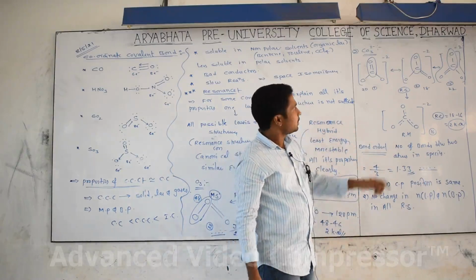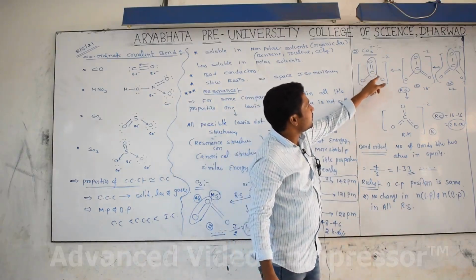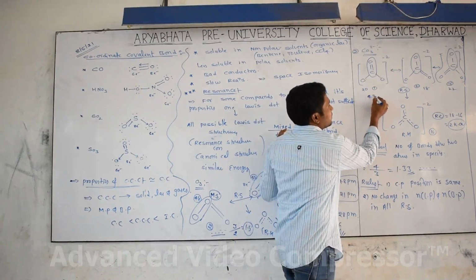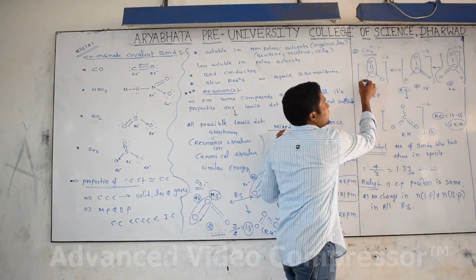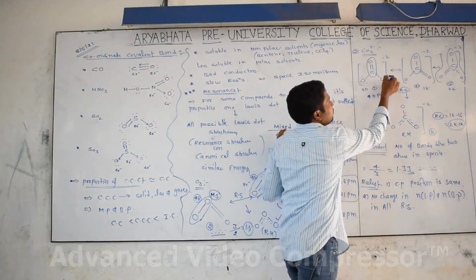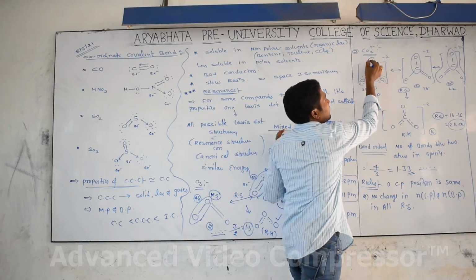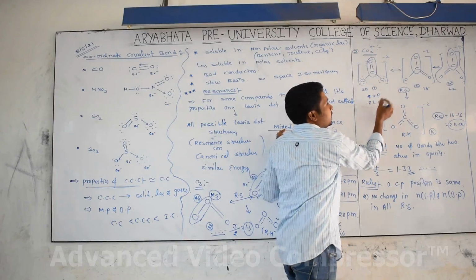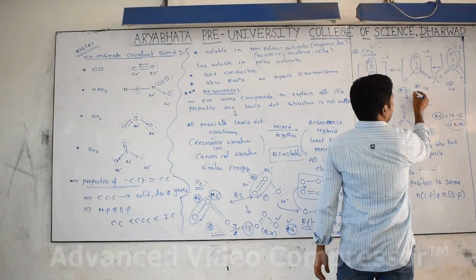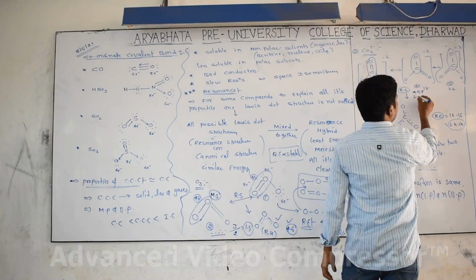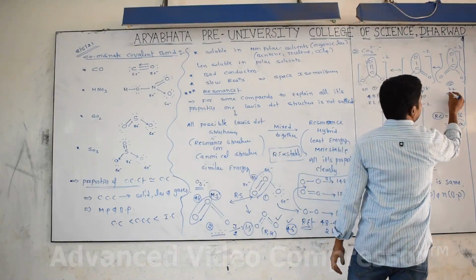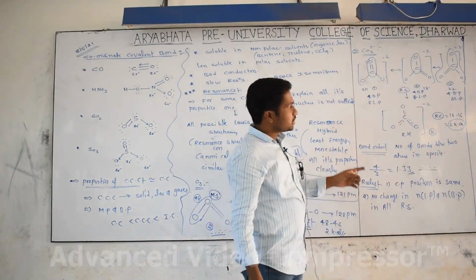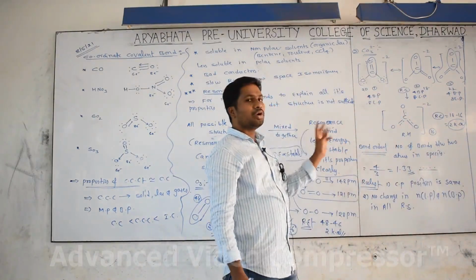What is the meaning of this? Sir, here how many bond pairs are there? 4. 4 twos are 8 electrons, or 4 bond pairs. How many lone pairs? Here 3 lone pairs, here 3 lone pairs, here only 2 lone pairs, I think. 3 plus 3 plus 2, 8 lone pairs. Here also we should get 4 bond pairs and 8 lone pairs, and like that here also 4 bond pairs and 8 lone pairs. So there is no change in the number of lone pairs and bond pairs in all resonance structures.